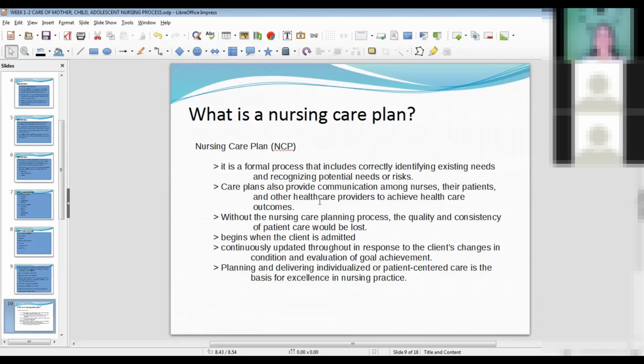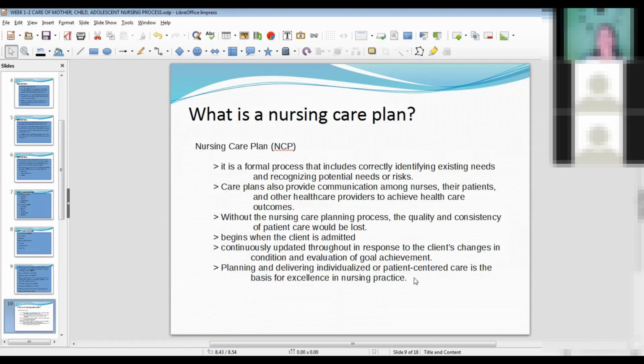So care plans also provide communication among nurses, their patients, and other healthcare providers to achieve healthcare outcomes. If you have developed your plan during your shift 6 to 2, then yung plan of care mo will be carried over to the next shift.